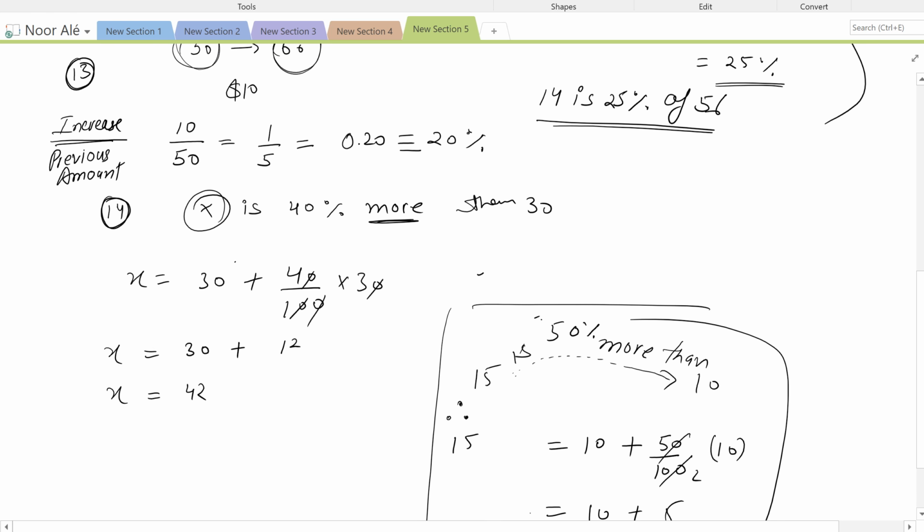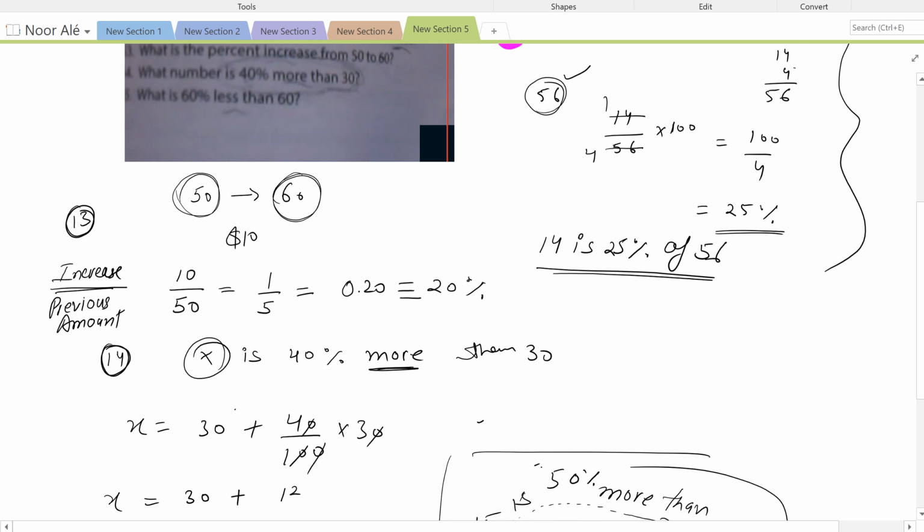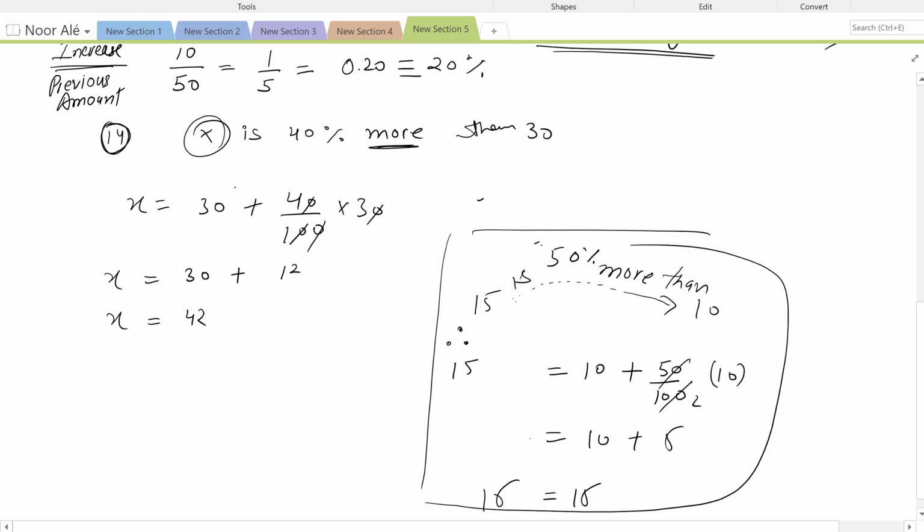Yeah, it's the beginning of these kinds of mathematical statements, and eventually you're going to be more relaxed when you do the math. So the practice is going to make you perfect.